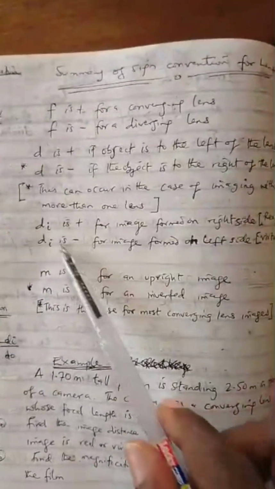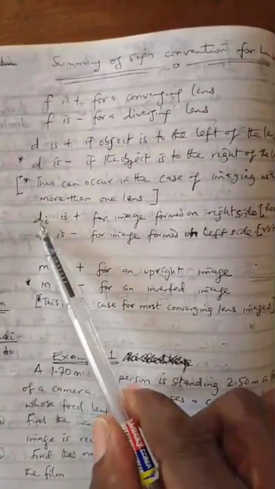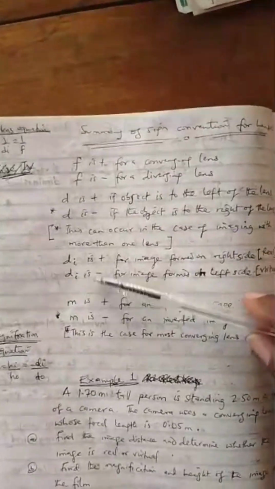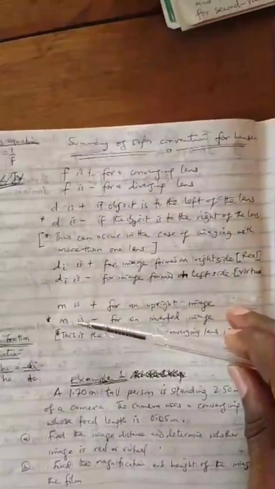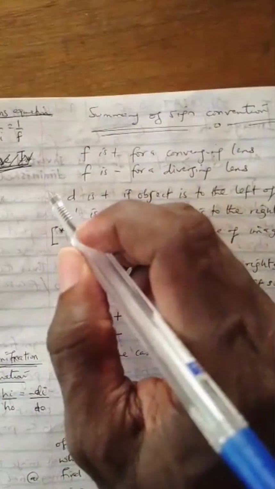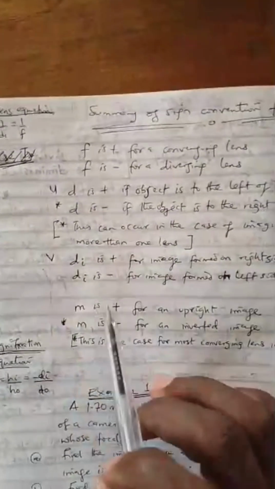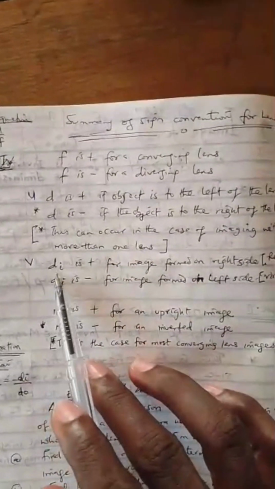Image could vary. Now the image distance, DI stands for the image distance. This is a summary of the sign convention for lenses, and it's quite helpful for calculating object distance, image distance, focal length, and all that. Usually you use U for the object distance and V for the image distance, but I just like to use DI.